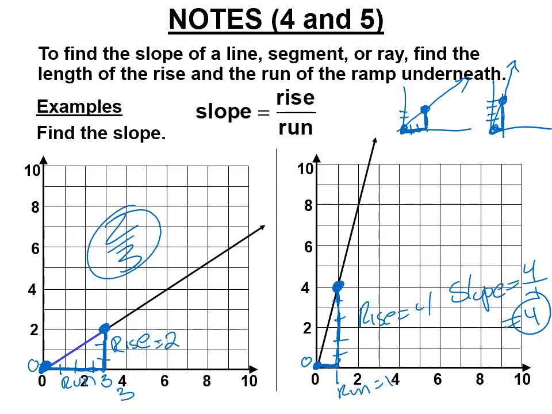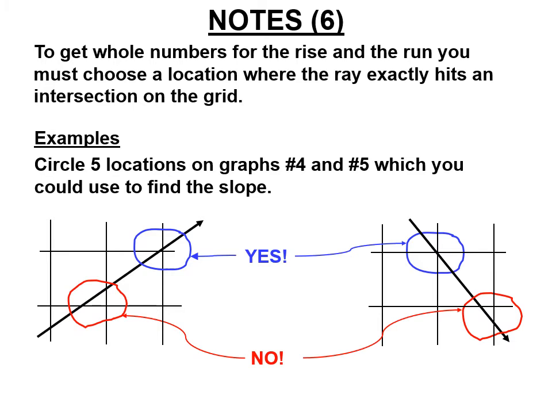Now, how did I choose 0, 0 and these good intersections? It's not random, and we're going to go over that on the very next screen. So when I was going along the ray, I was looking along there to see if I had hit an intersection. On a road, when two roads cross, they make an intersection.